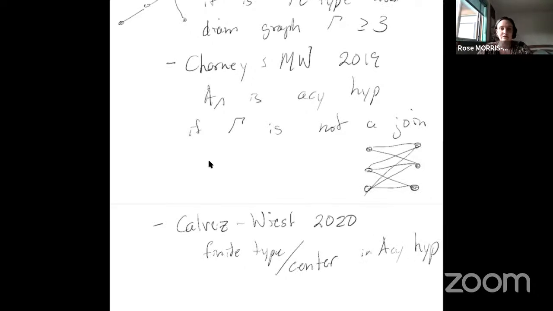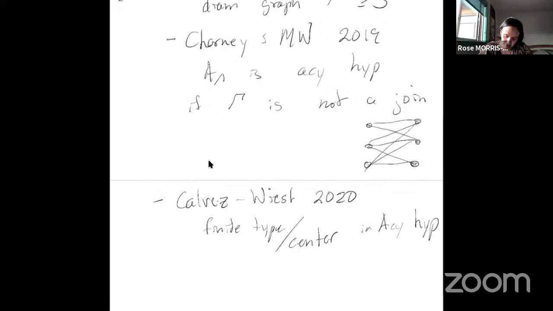And this is not super surprising. This was known for a while about braid groups. Braid groups are acylindrically hyperbolic when you modulo out by their centers. And they're just extending those techniques to all finite type Artin groups.